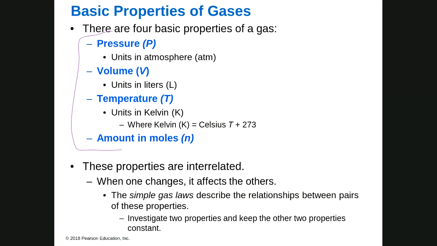You just put whatever numbers in that you're looking for. All right. So if you keep 2 of these constant, then you can use the other 2 to see what the changes are. But you'll see when we get to the end that we can actually solve for all kinds of things with this basic formula.